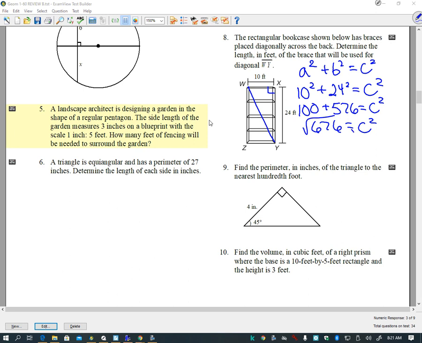Very good. Square root 676. What do I get in my calculator there? 26. Comes out evenly. So c equals 26. We want to use a label. So 26 feet is my answer, which makes sense because it's longer than 24. It makes it the longest side.